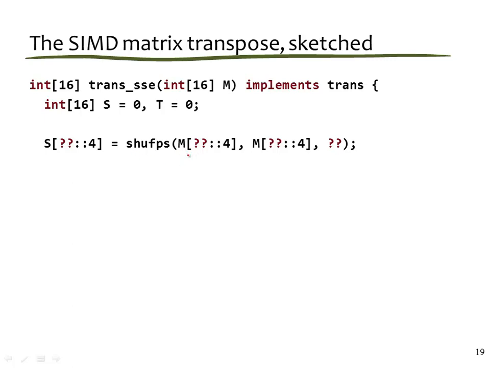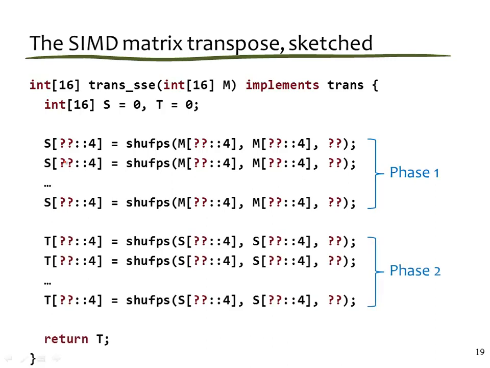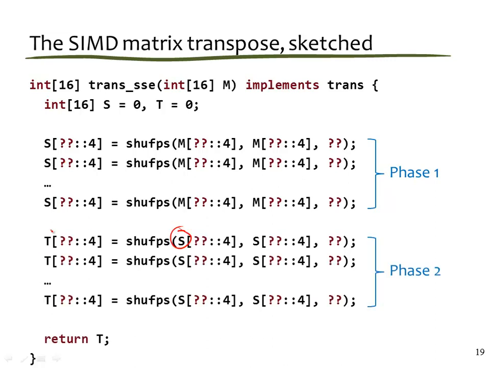We pick 4 words from M, starting at some position. Which one? We don't know. The synthesizer will know. And we pick another 4. And how we shuffle them, again, is up to the synthesizer to figure out. And also where we write them into the intermediate matrix is left unspecified. And there will be a sequence of these instructions. That's phase 1. And phase 2 goes from S to T, and then we output T.